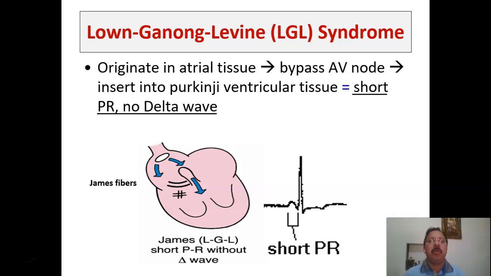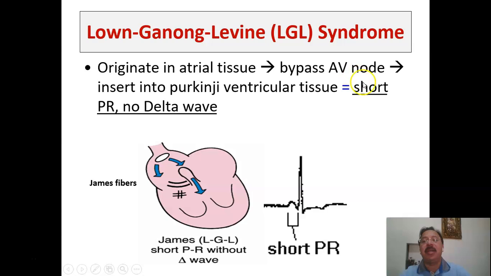The other syndrome, which is because of the pre-excitation mechanism, is LGL syndrome. Here again there is an accessory pathway that originates in the atrial tissue and bypasses the AV node. But this time it inserts into Purkinje ventricular tissues.